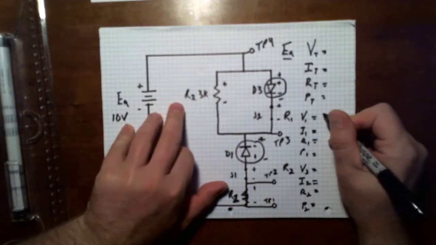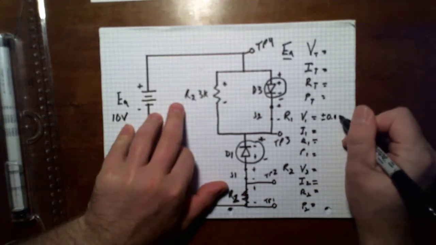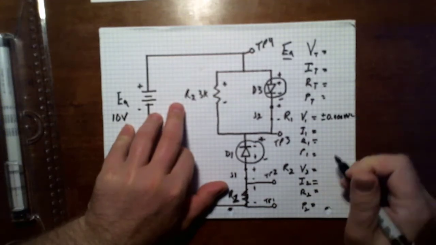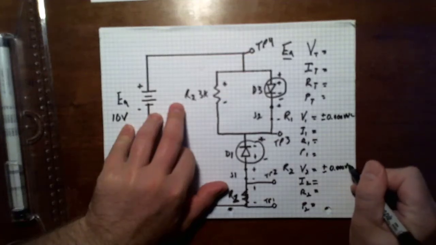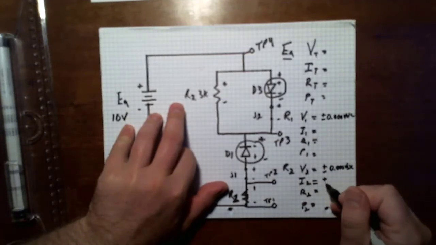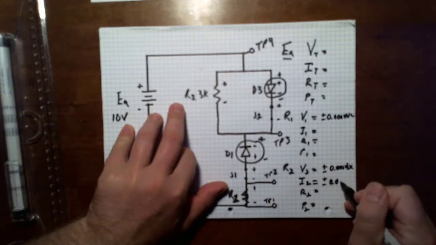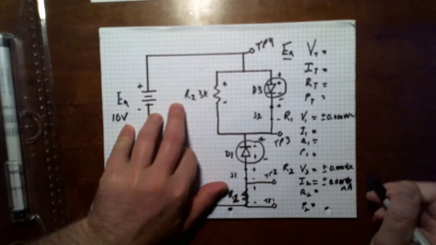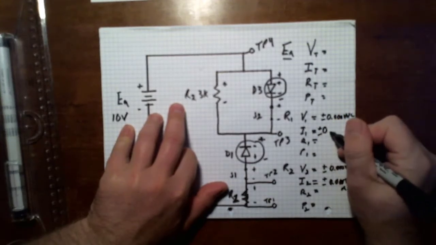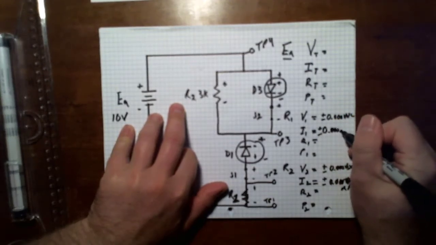So my volts here, plus or minus 0.000 volts DC. That means my current is also plus or minus 0.000 milliamps.